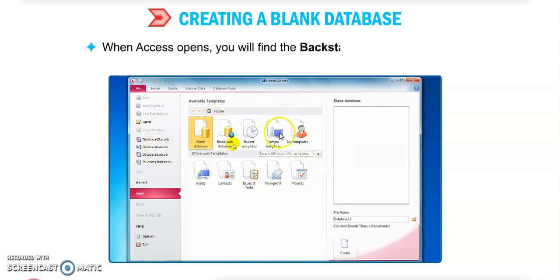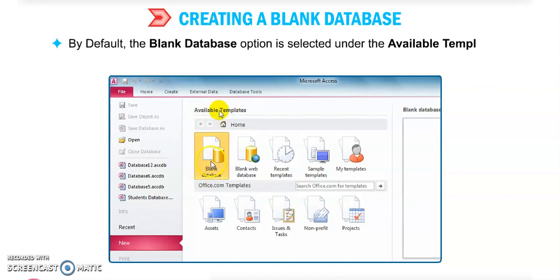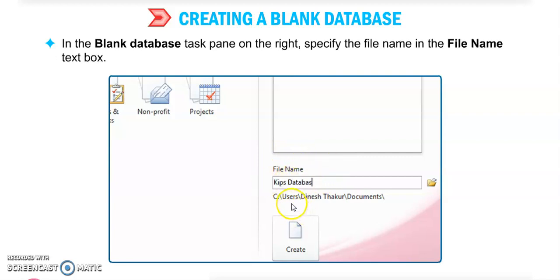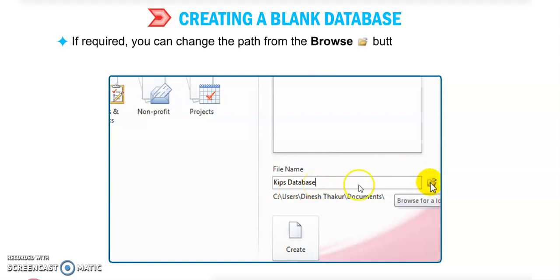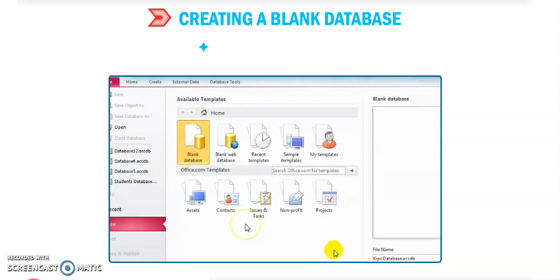When Access opens, you will find the backstage view on the screen. This is the Access window view. By default, the blank database option is selected under the available templates. Now, in the blank database task pane on the right, specify the file name in the file name box. If required, you can change the path from the Browse button placed adjacent to the file name box.